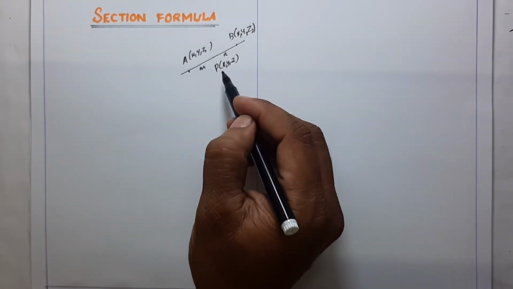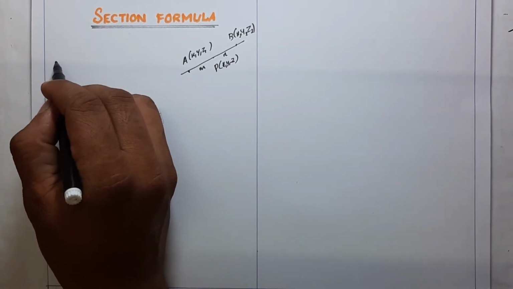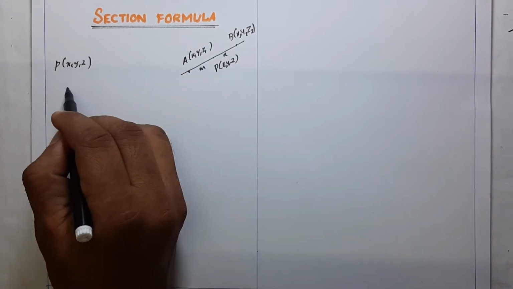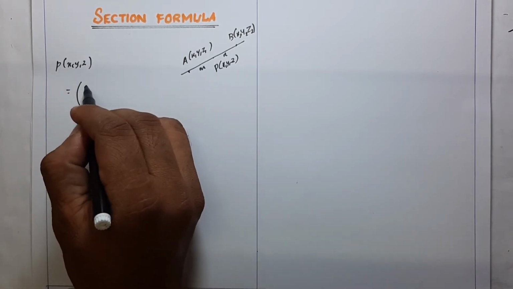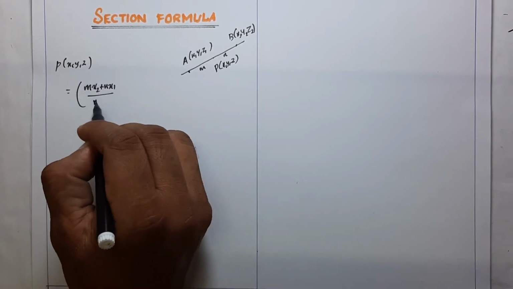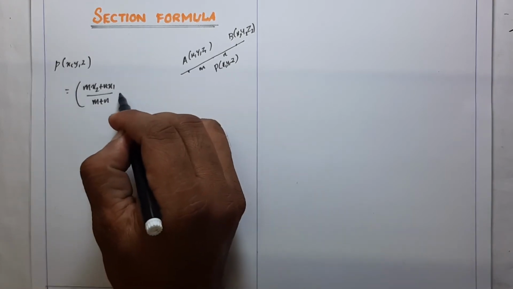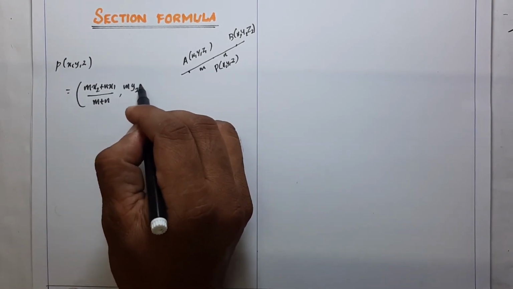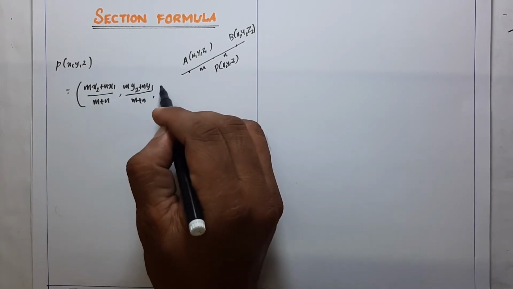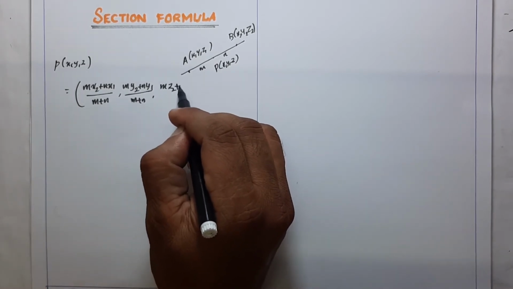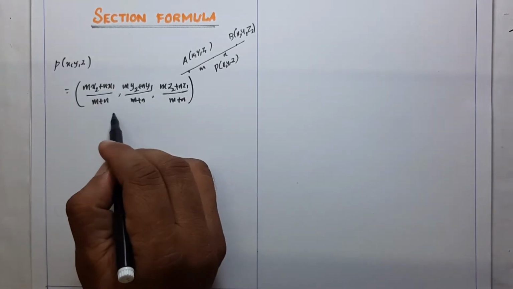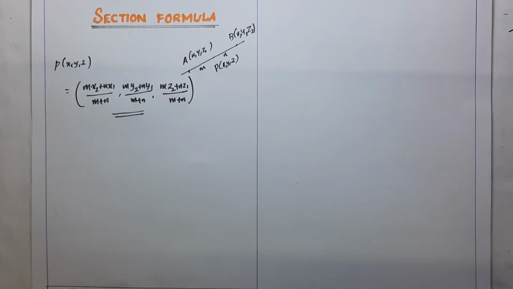Then the coordinate of P is determined by the formula P(x, y, z) = ((m x2 + n x1)/(m + n), (m y2 + n y1)/(m + n), (m z2 + n z1)/(m + n)). Using this formula, we find the coordinate of P.